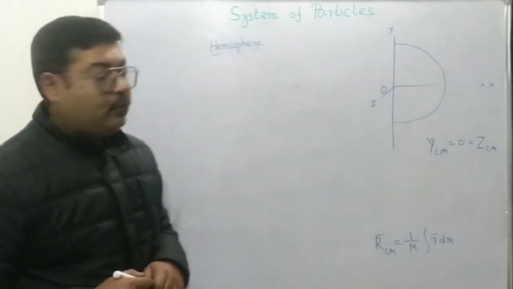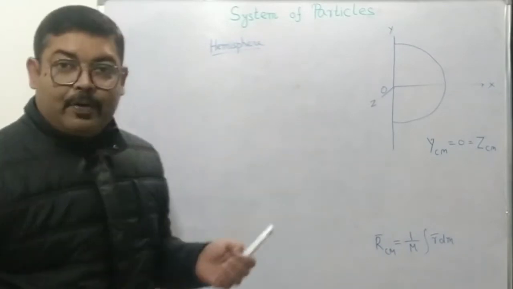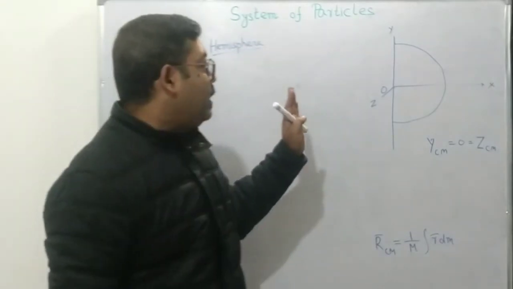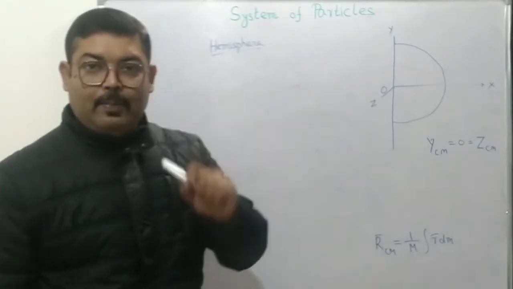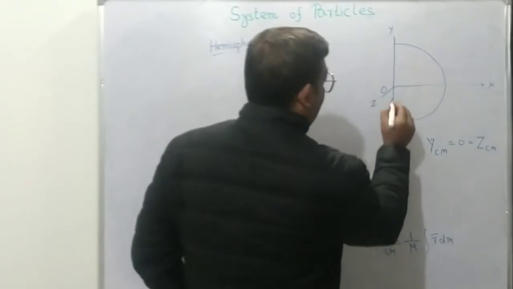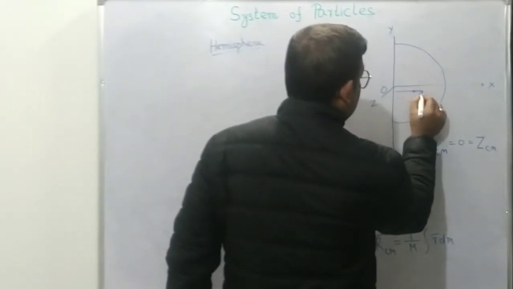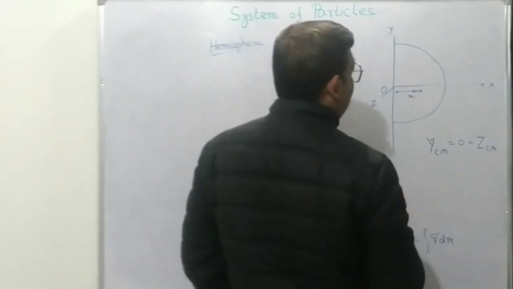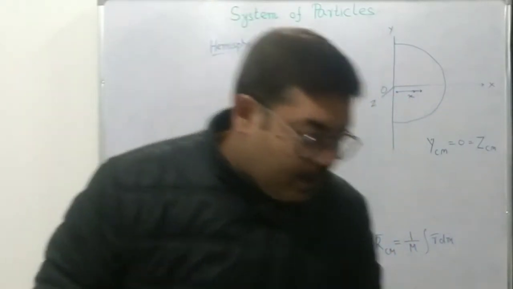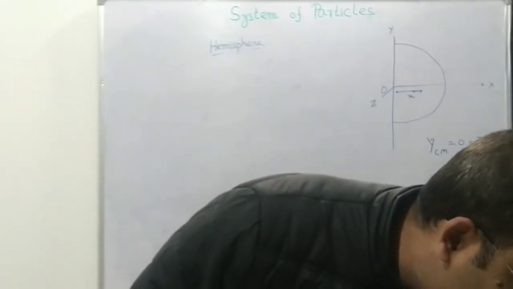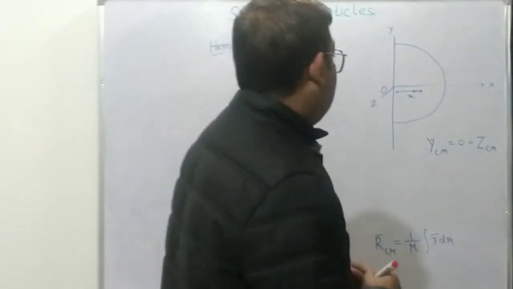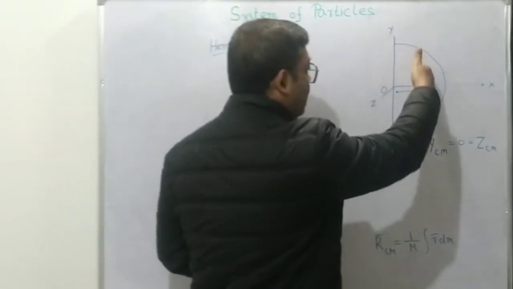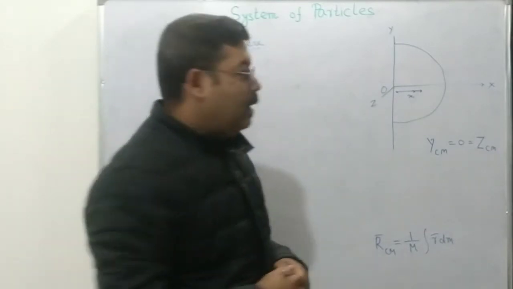To do that, like the previous case, we choose an arbitrary x position and a small element. We will take a distance of say x from the origin, and choose a small element. Since a hemisphere is itself a solid object, at the distance of x, if we draw a line, it will cut the hemisphere, right?